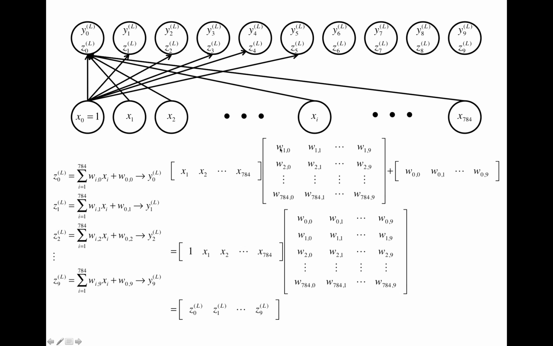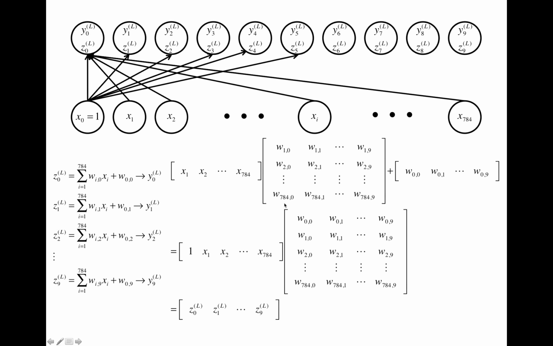The first column is going to be W10, W20, up to W784,0. That's WI0 here, where I goes from 1 to 784.